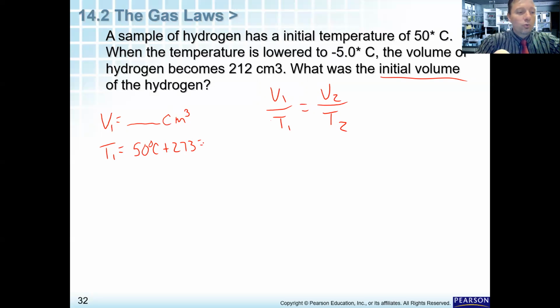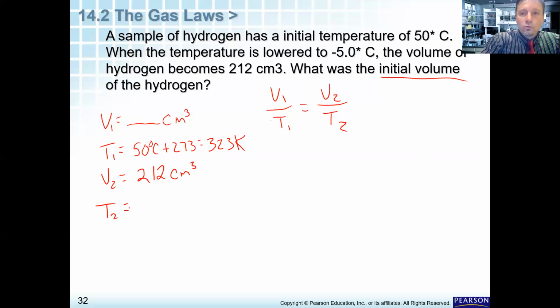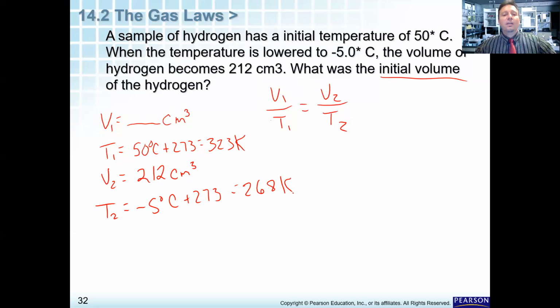So I'm at 323 Kelvin. So then my volume 2 is going to equal 212 centimeters cubed. And my temperature 2 equals, and it says -5 degrees Celsius plus 273. So that's going to equal 268 Kelvin.